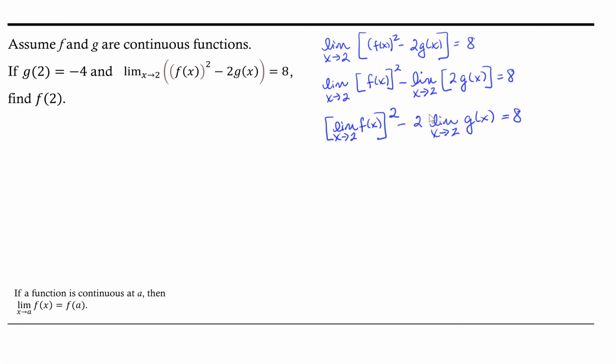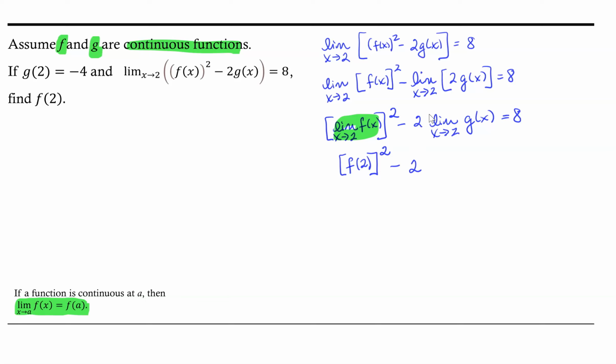So at this point, the fact that both f and g are continuous is helpful, because if f and g are continuous, then we can simply evaluate those functions at 2. So this would become f of 2 squared minus 2 times the limit as x approaches 2 of g.